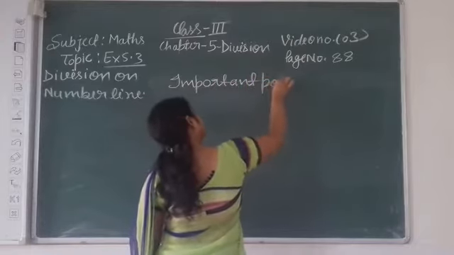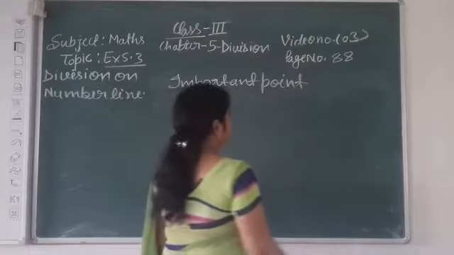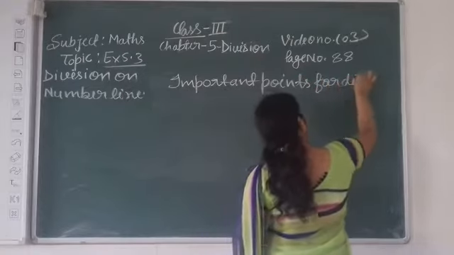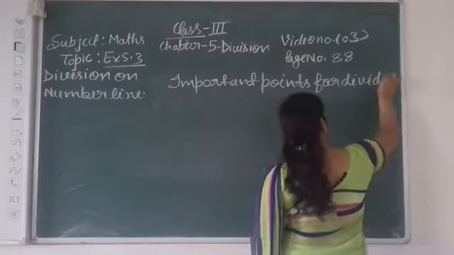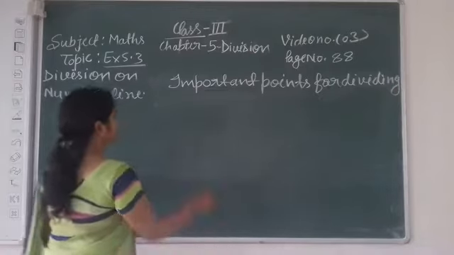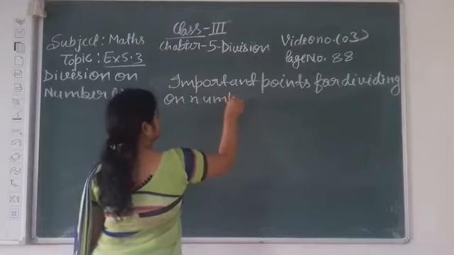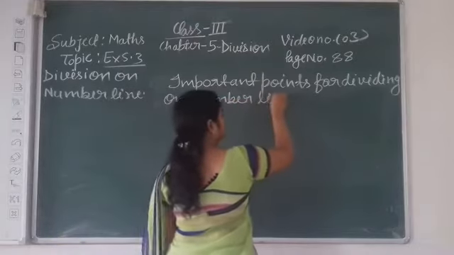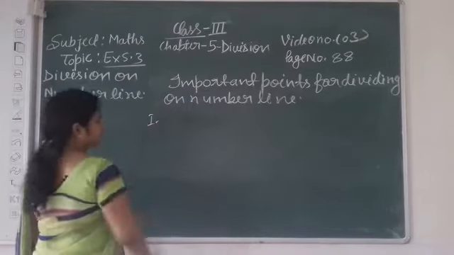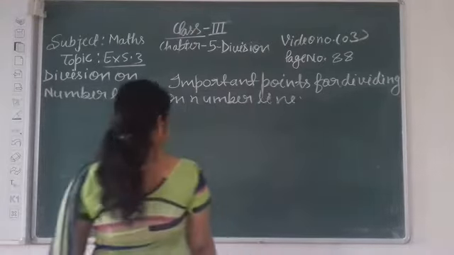Important points for dividing on number line. The first point is the starting point of the jump.